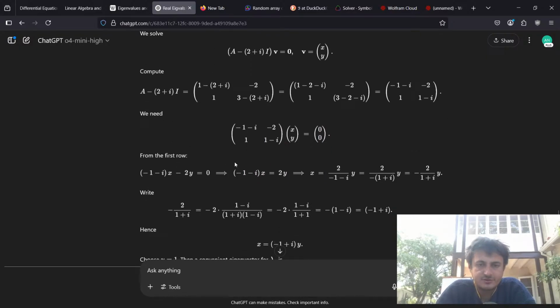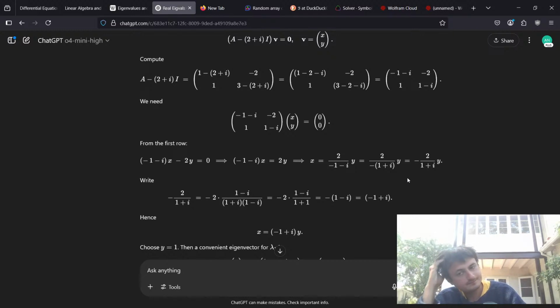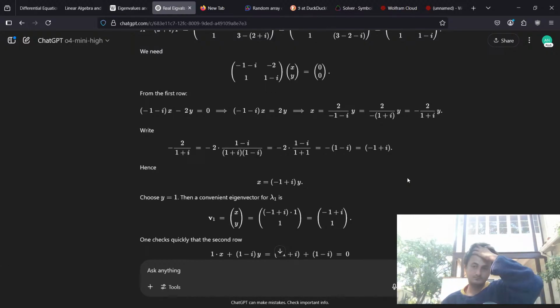So from the first row you get, so if x equals, if y equals 1, then x equals. Wait, that's weird.